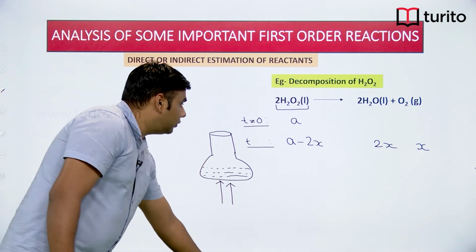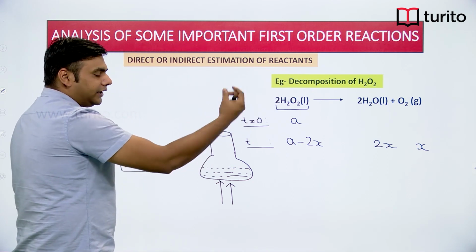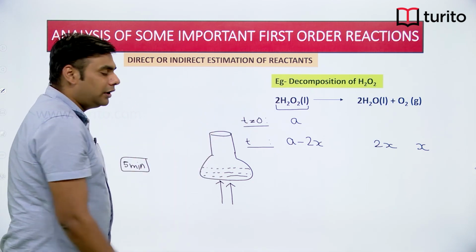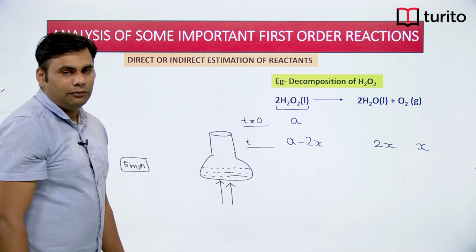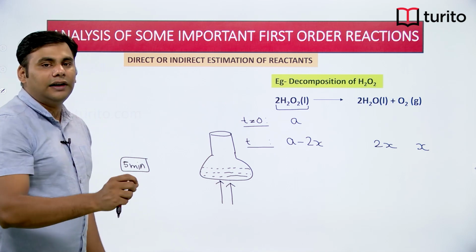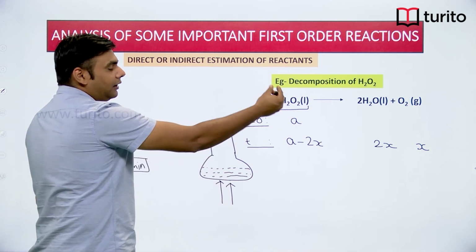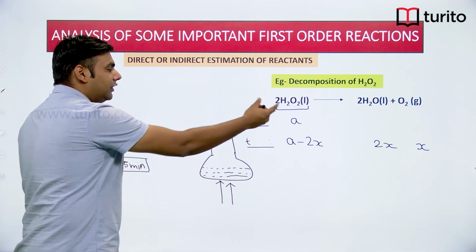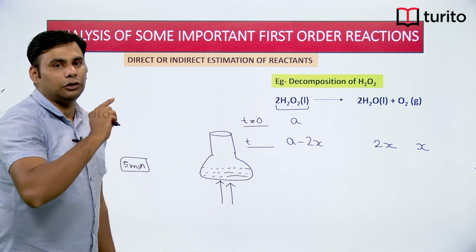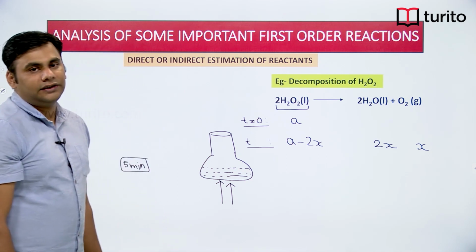So what I am going to do is periodically take out, say after 2 minutes, 4 minutes, 6 minutes, some portion of the reaction mixture, and that mixture would definitely have H2O2 in it, and we will titrate that portion against KMnO4. KMnO4 being a strong oxidizing agent will oxidize H2O2.